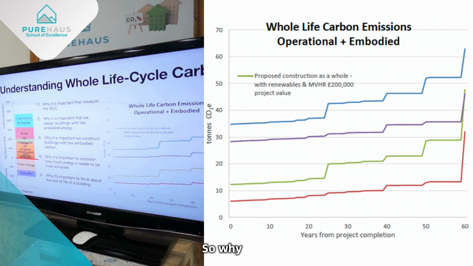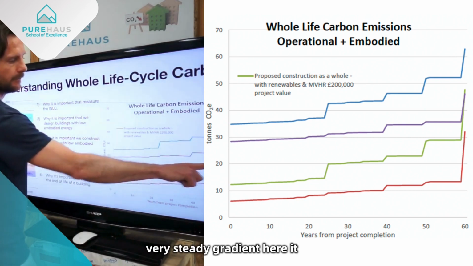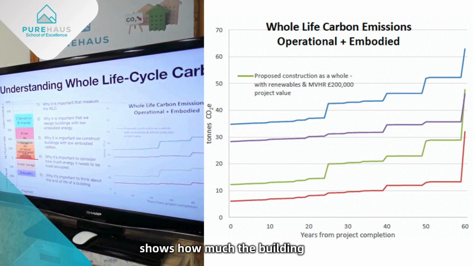So, why is it important to measure the whole life cycle? We hear people talking a lot about renewable energy, but renewable energy only really looks at this little section here, which is this very steady gradient here. It shows how much the building is impacting on a daily basis.